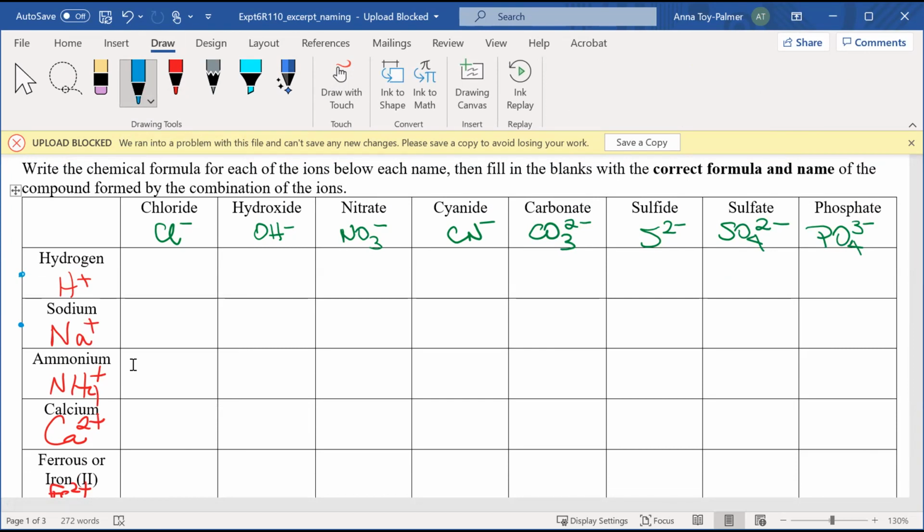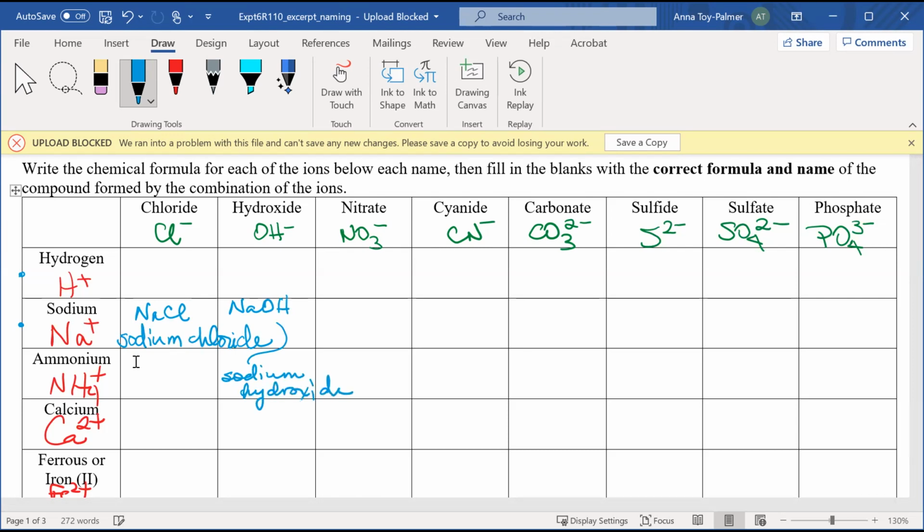Okay. So what you're going to do is you're going to make your compound and make sure it's charge neutral. So you're going to write the formula, NaCl. Okay, that's charge neutral. And then you're going to write the name, and it's cation name, anion name. Okay, and you can already see I'm running out of space. All right, NaOH. And then you're going to write cation name, anion name.